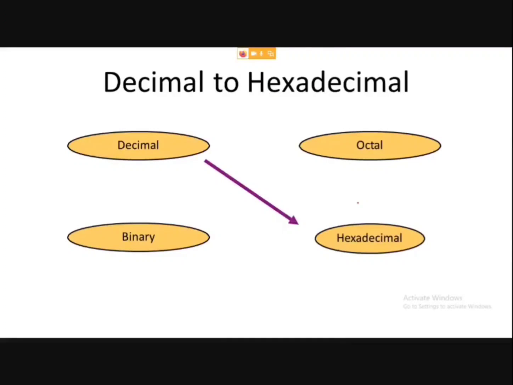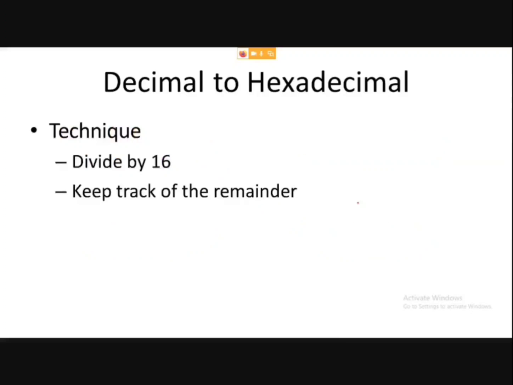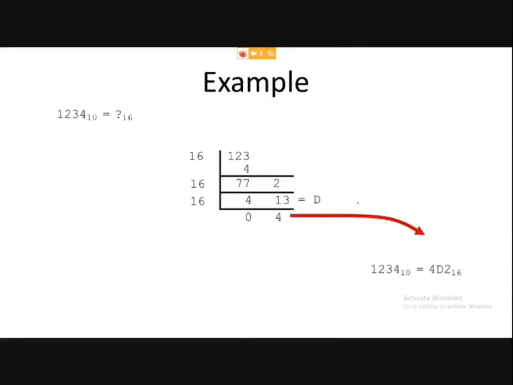Similarly, for decimal to hexadecimal, we will be dividing by 16 and keeping track of the remainder. So 1234 in decimal, if we divide this by 16, we are getting 77 as the quotient and 2 as the remainder. And similarly, when we divide 77 by 16, we get 4 as the quotient and 13 as the remainder.